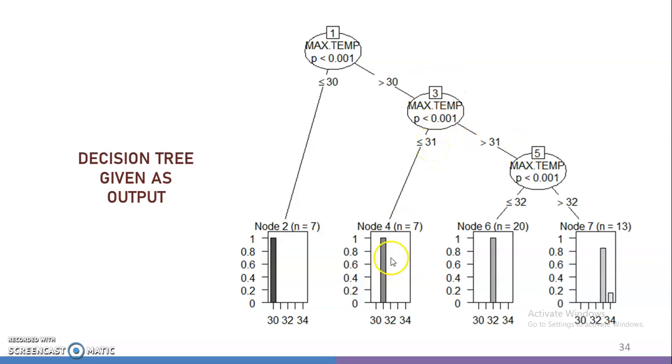If it is less than 31, we can go and say it is 31. If it is greater than, again we will check if it is less than or equal to 32 or greater than 32. If it is less than or equal to 32, we can say it is 32 for the upcoming max temperature, and if it is greater than 32, we can say it is 33 for 0.8, for 80% of the time, and for 20% it is 34.